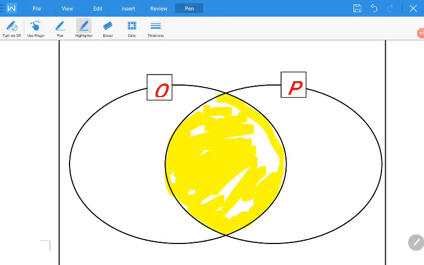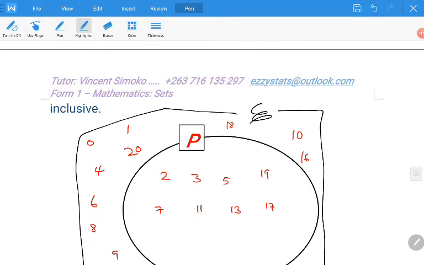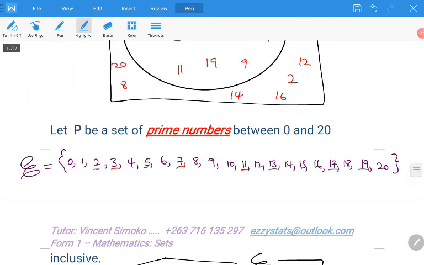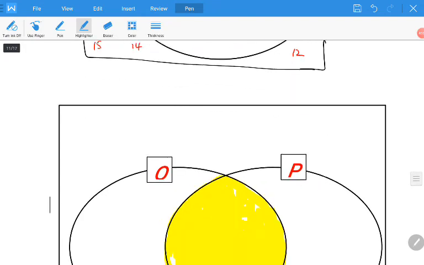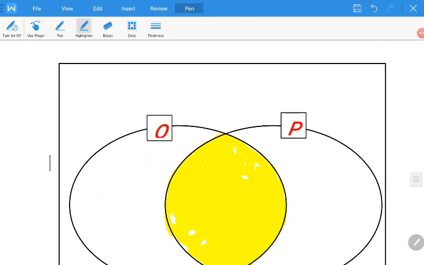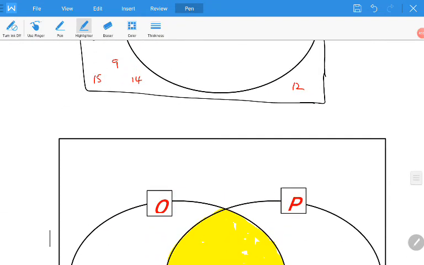And as you can see from the graph, it's showing that the elements will be appearing in both O and P. So we need to consider the intersection of O and P.